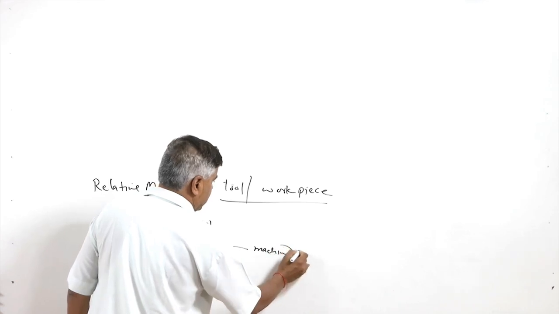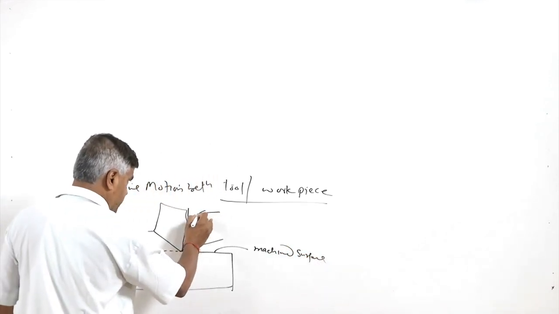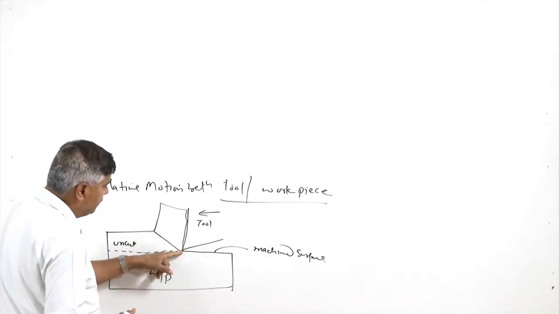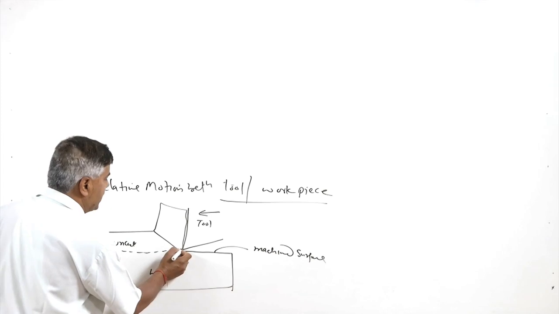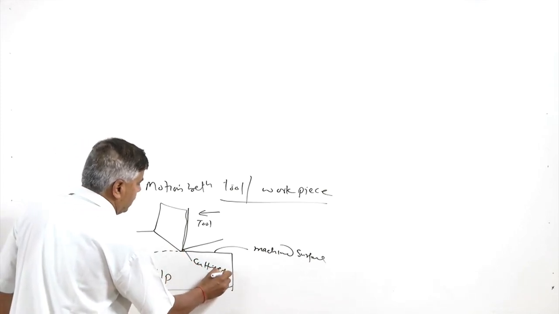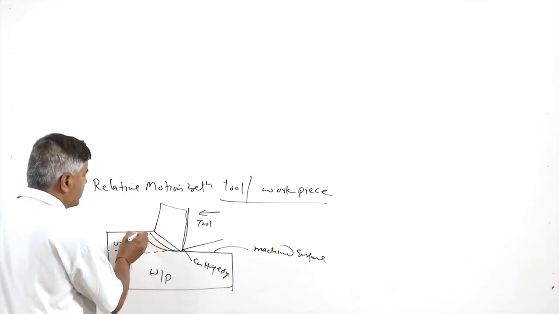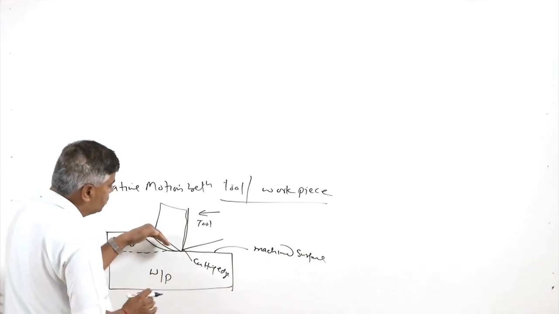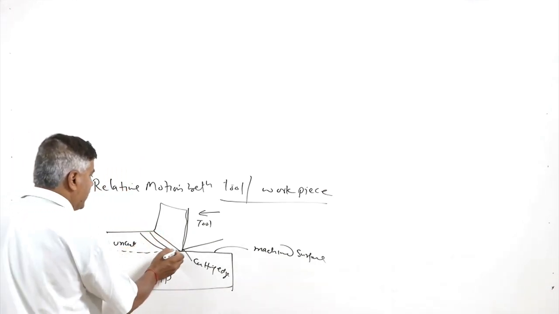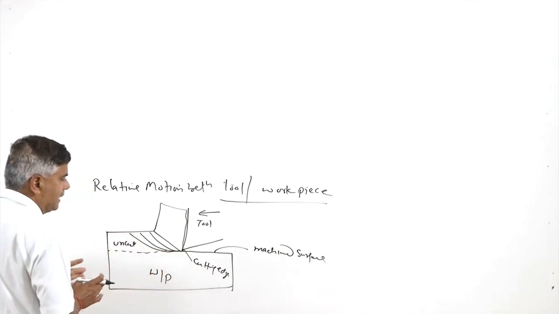And this is the machined surface. So, basically the tool is moved so that the material ahead of the cutting edge, which is here, is compressed and deformed. The material very next to the cutting edge is very severely deformed, while that away from the cutting edge is deformed elastically.